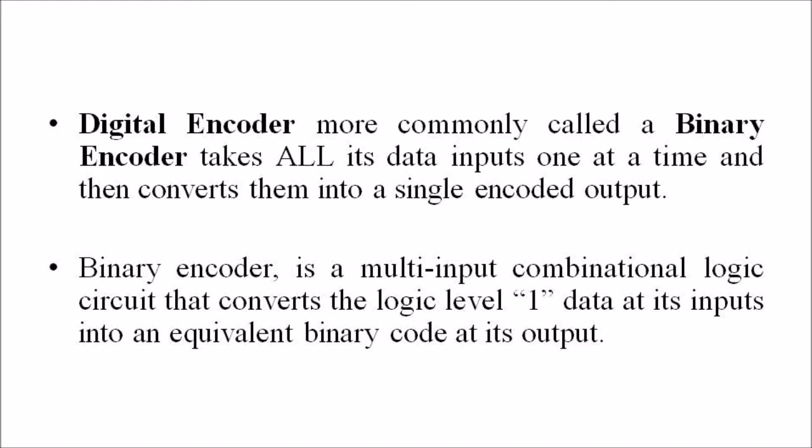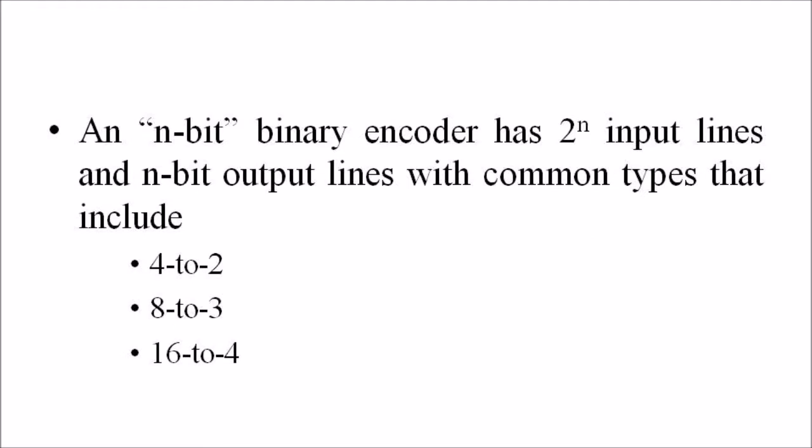Generally, digital encoders produce output of 2-bit, 3-bit or 4-bit code depending upon the number of data input lines. An n-bit binary encoder has 2 raised to n input lines and n-bit output lines, with common types that include 4 to 2, 8 to 3, 16 to 4 line configurations.